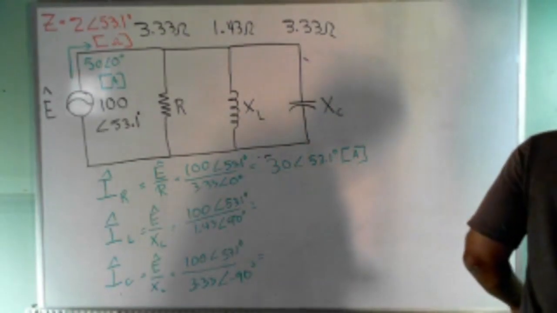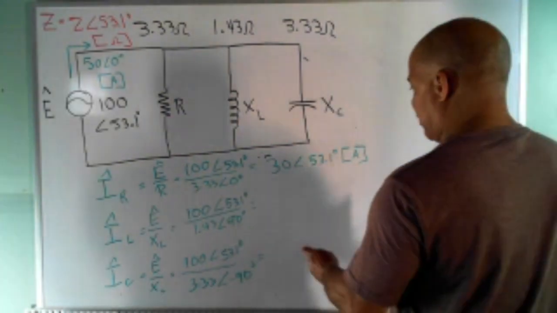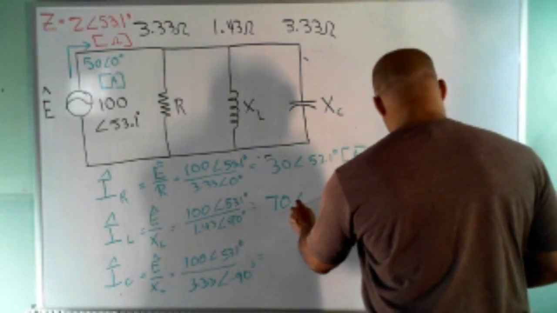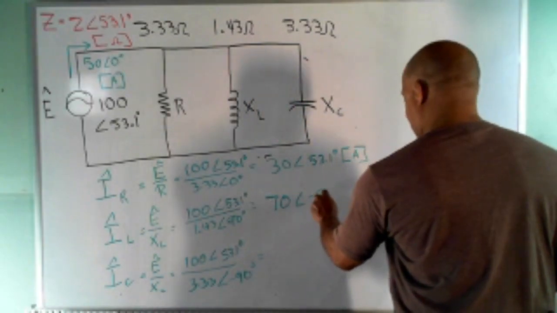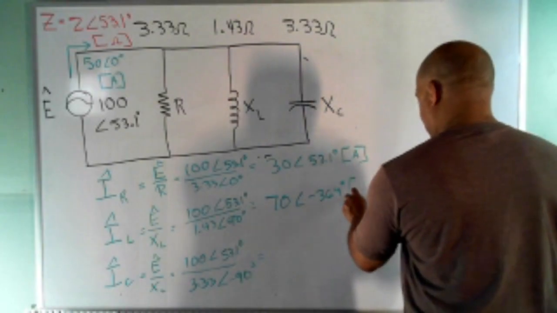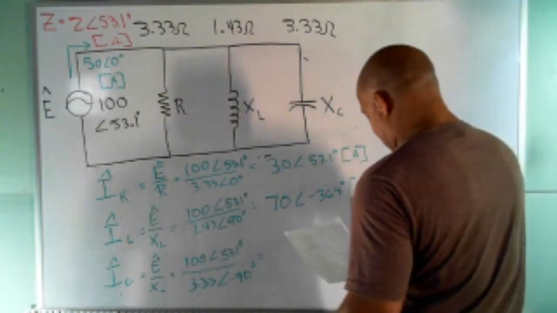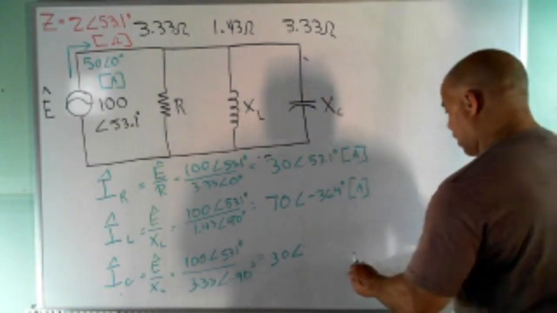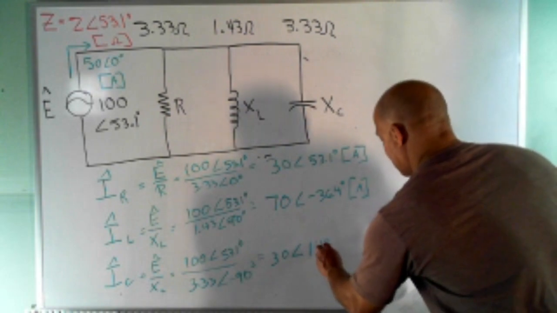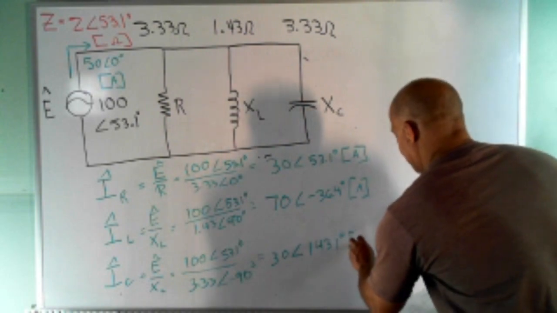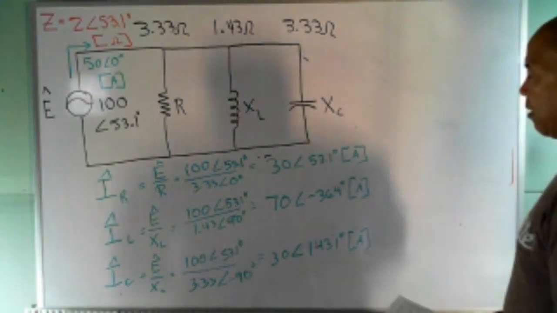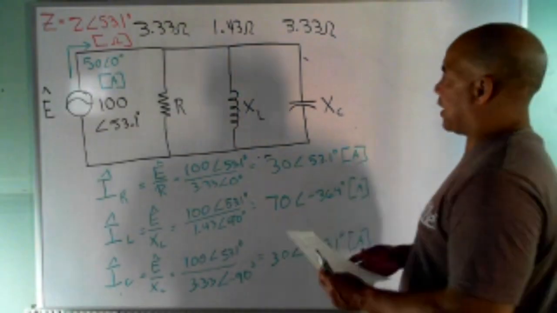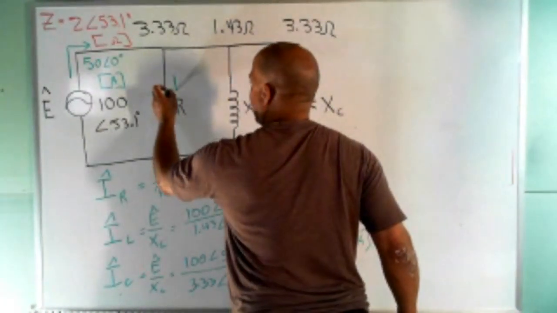For IL, I got 70 angle minus 36.4 degrees. And then on the last one, we got 30 again, but the angle this time is 143 degrees. So there are all my branch currents. You probably should just write these right here.